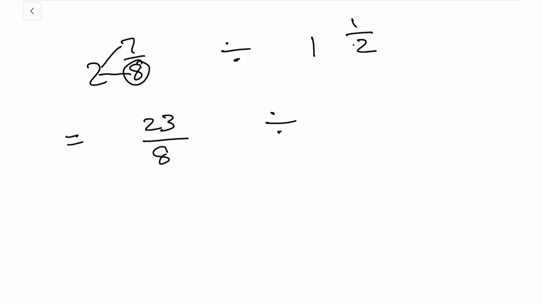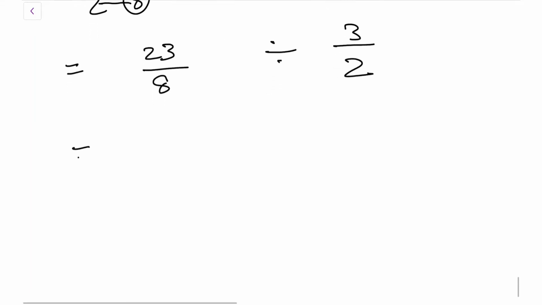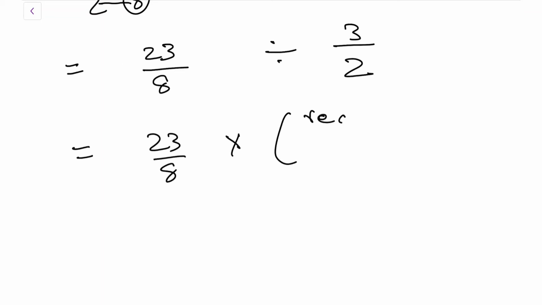Divided by 1 into 2 plus 1, so 3 by 2. All right. Now, how do we convert this division into multiplication? 23 by 8 into the reciprocal of 3 by 2.